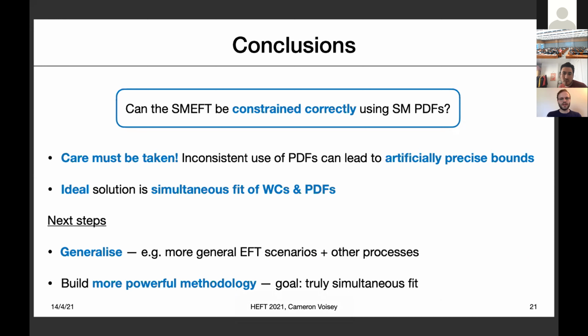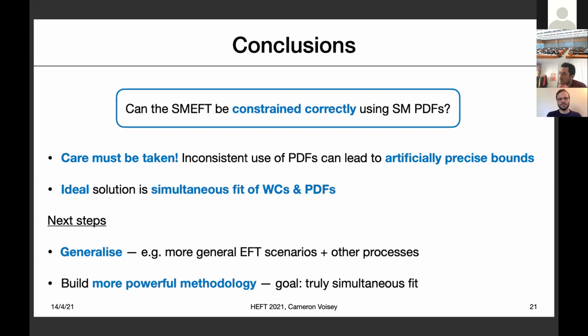I want to point out that the ideal solution is really to do a simultaneous fit of Wilson coefficients and PDFs, because if you do something different and assume standard model PDFs, then there will always be this doubt in the back of your mind as to what the effect of this will be.